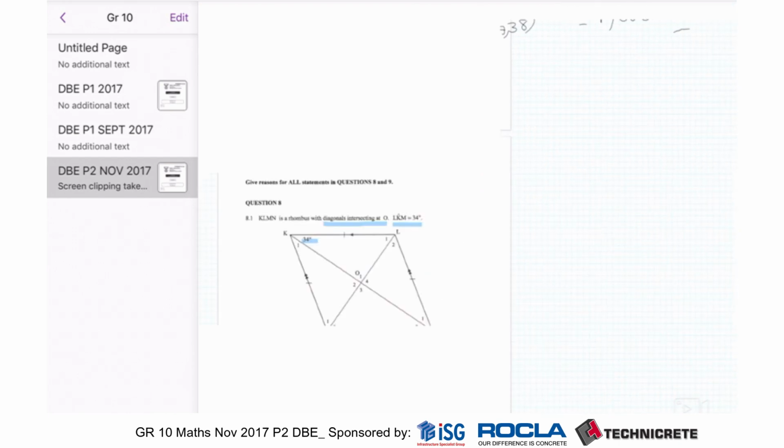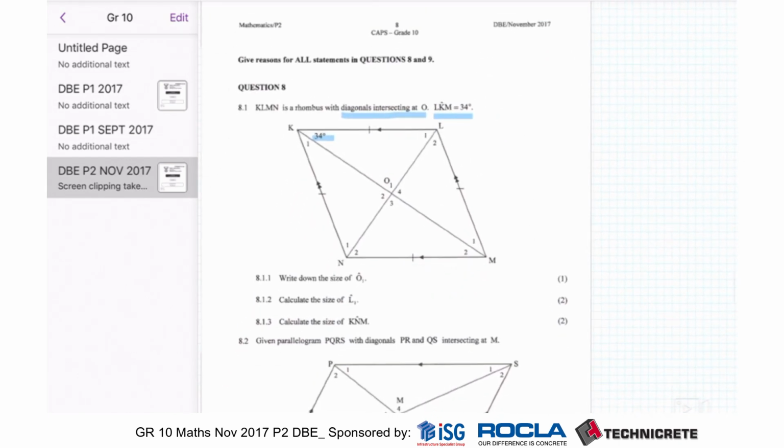So the first question says, let's fill in what we just said. So that's equal, that's equal, that's equal, that's equal, this is equal, and we know we've got that 90 in the middle, so all of them will be 90 in the middle. Okay, if you filled in what you have already learned and what you should already know, the questions will be so easy.